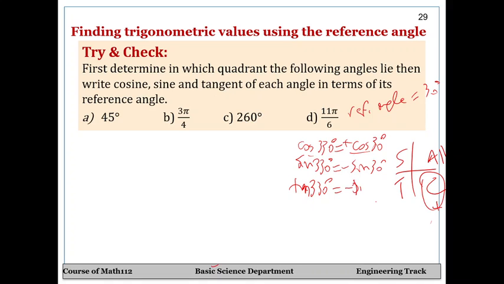And then we will have minus sine 30 degrees, so minus tangent 30 degrees.